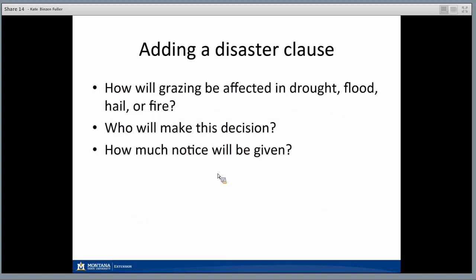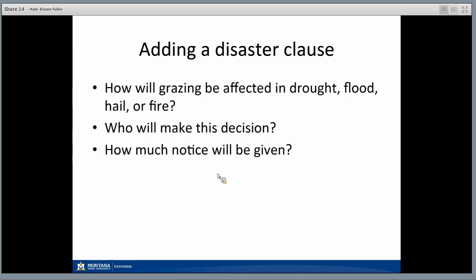One thing that I've thought about in the last couple of years is adding a disaster clause. I know this is something that some folks from Extension in the Midwest have been talking about for a while, but in these last couple of years we've had a lot of stuff come up where animals need to be taken off or grazing pressure needs to be reduced in ways that are not easily anticipated.